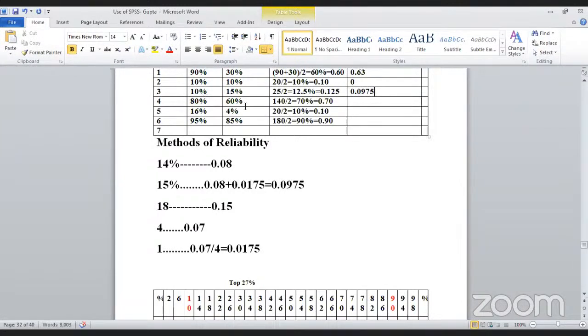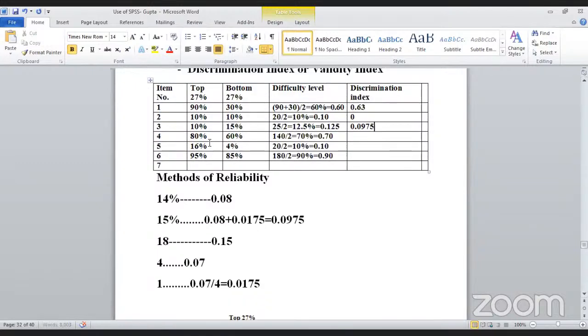Now it is 80 and 60. Please understand one more thing: in this case, fewer people from the top attempted it correctly, and a higher percentage of people from the bottom attempted it correctly.